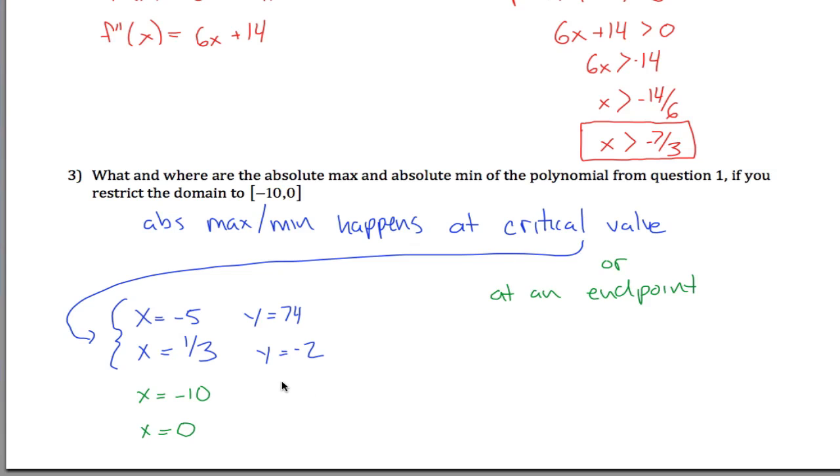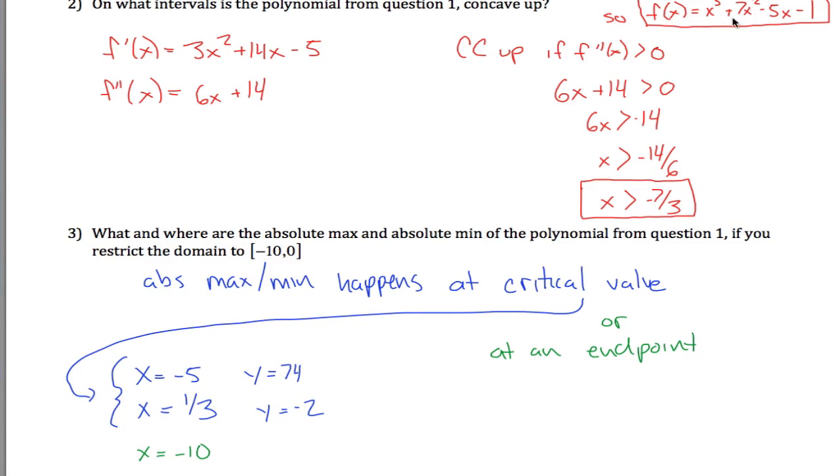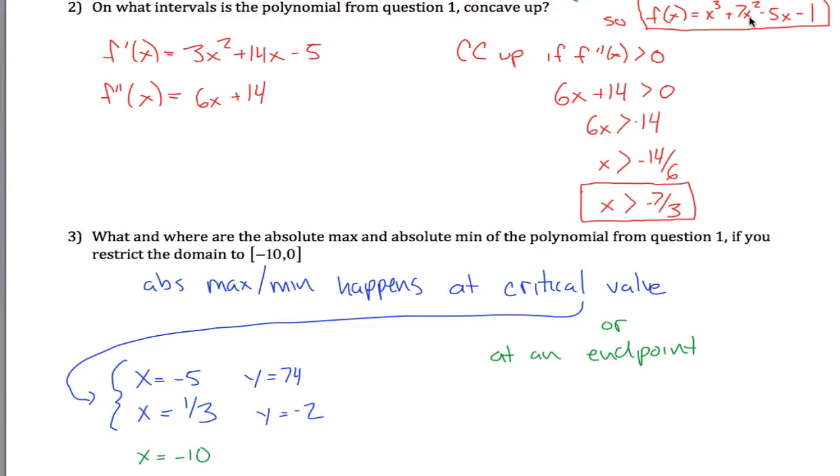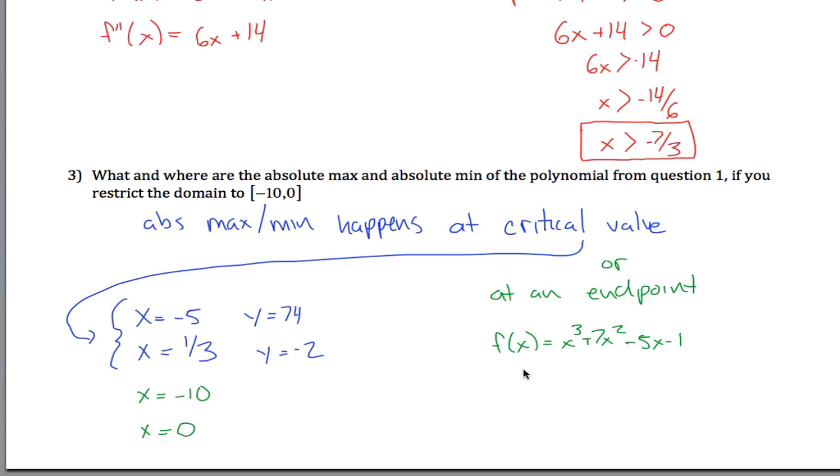And so we can figure out what the corresponding y values are by looking at f of x. F of x is x cubed plus 7x squared minus 5x minus 1. So we're going to have to figure out what is f of negative 10.